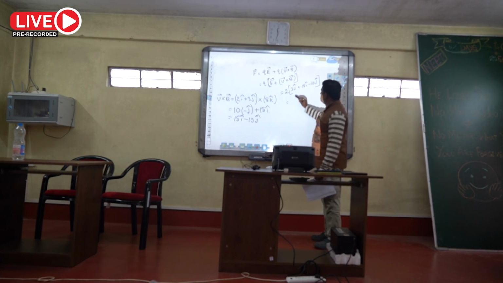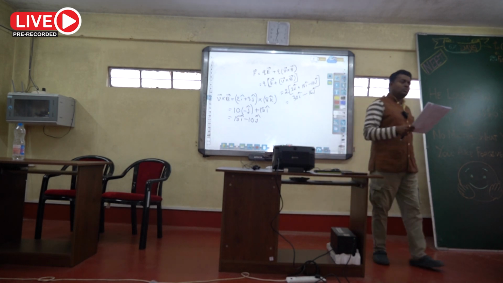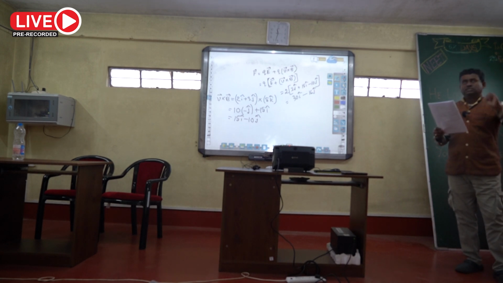So it will be 15 into 2, that is 30 i cap, and this is minus 16 j cap. So option 1 is correct, 30 i cap minus 16 j cap.